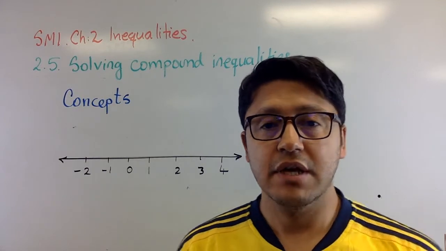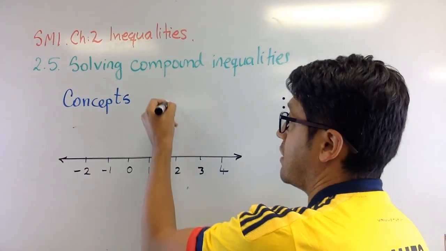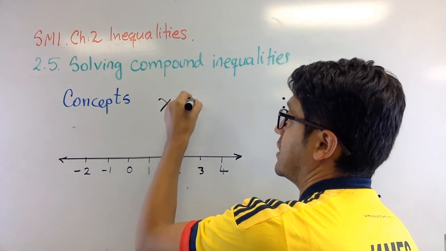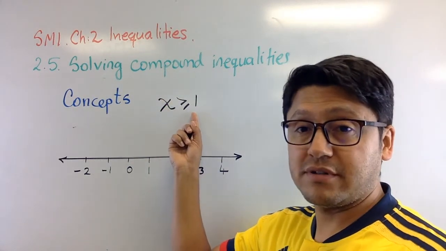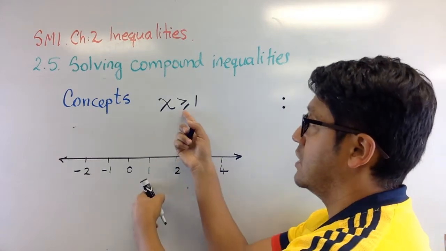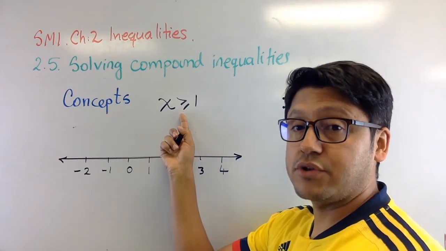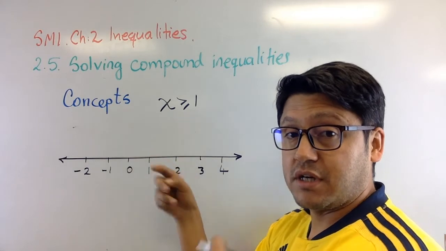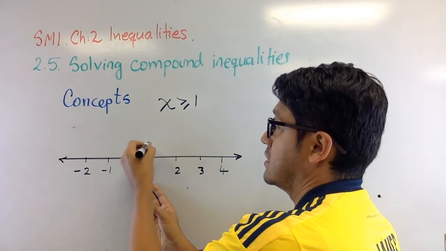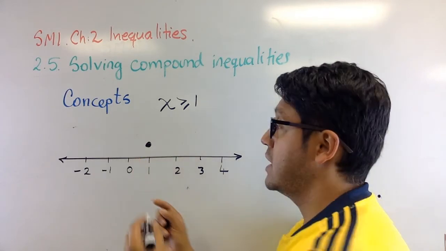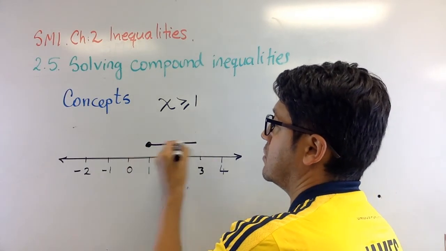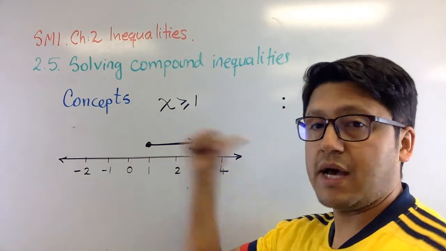Let's say that if I wanted to graph x greater than or equal to 1, I know that this is my reference point, and I'd say, well, because of this inequality, I start using a dot because it's a closed interval. It means that the solution includes 1, and then this is going to be an arrow pointing at the right.